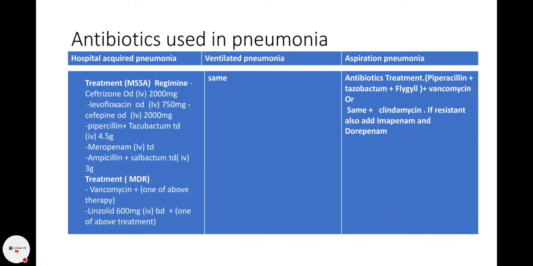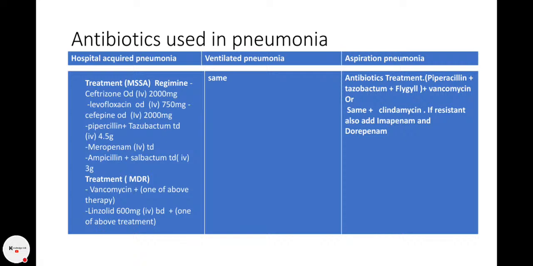Now let's discuss the antibiotics used in hospital acquired pneumonia, ventilated pneumonia and aspiration pneumonia. The hospital acquired pneumonia treatment regimen may be ceftriaxone once a day intravenously, or levofloxacin, cefepime, piperacillin, meropenem, ampicillin-sulbactam.